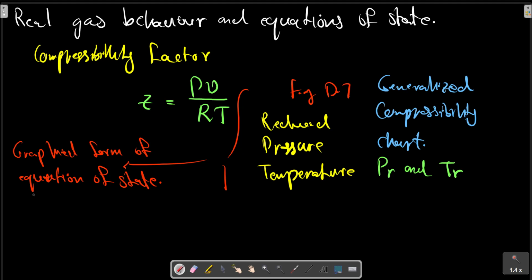They give additional insight into the behavior of gases at low density.